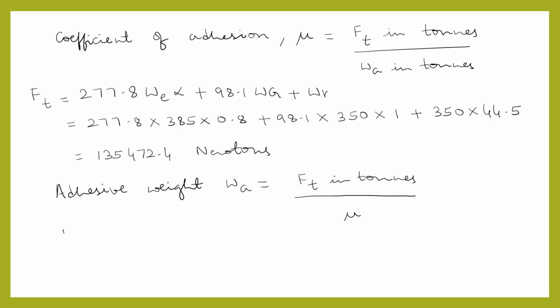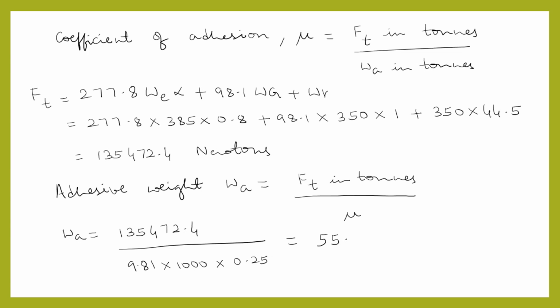So we have Wa equal to 135,472.4 by 9.81 into 1000 into 0.25. So we get the value of adhesive weight as 55.23 tons.